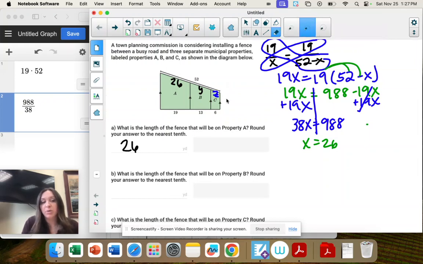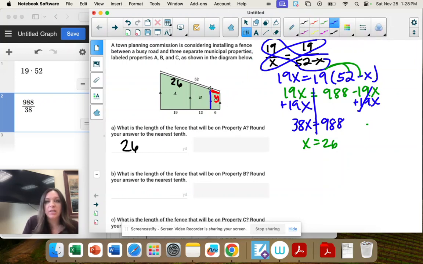For every variable, you need another equation. So what I'm going to do is find C first, because if this is Y, then I have a proportion by joining these.